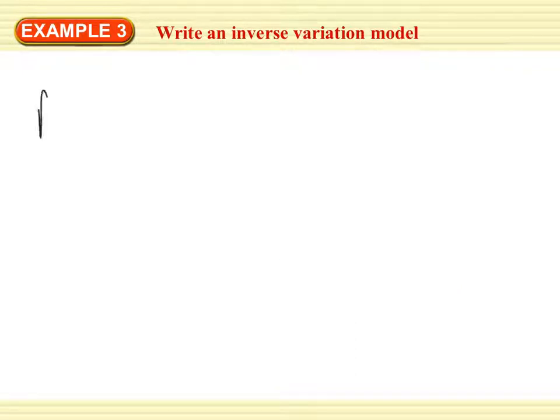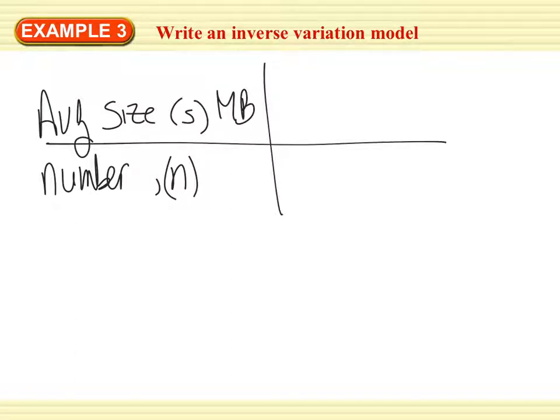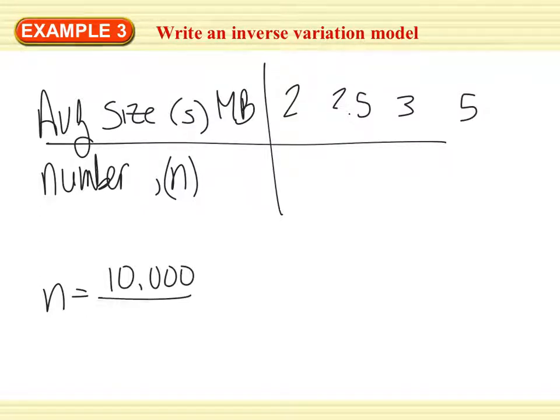So if I say the average size of songs in megabytes and the number of songs, and they said 2 megabytes, 2.5, 3, and 5. I'm going to use my model, which was N equals 10,000 over S. S is given.